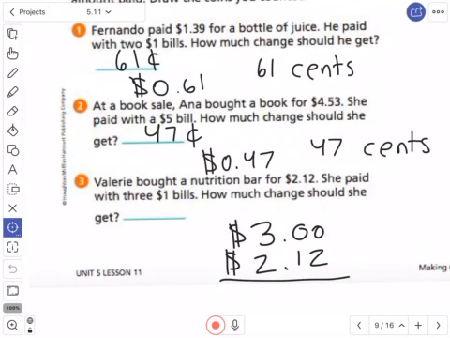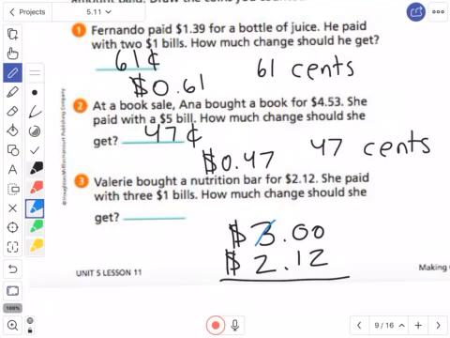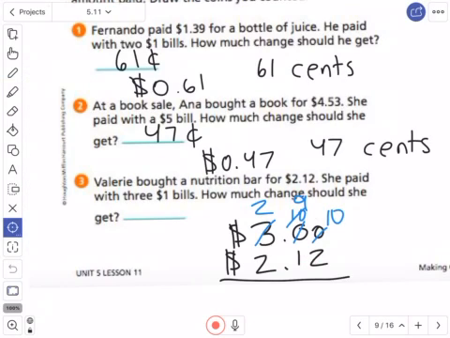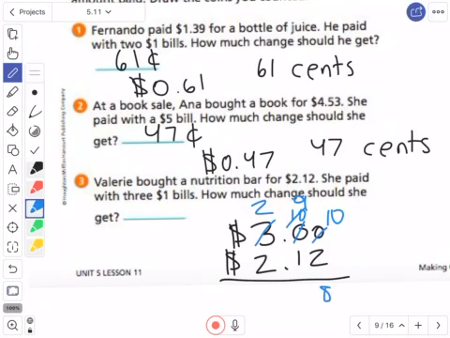Nope, can't do that, so I have to go over to the 3. So my basically 300s will turn into 200s. I'll bring that over to the tens place, so now I have 10 tens, but I still need to make my ones bigger, so I'm going to take one of those tens, 9 tens, and I have 10 ones. And 10 minus 2 is 8.